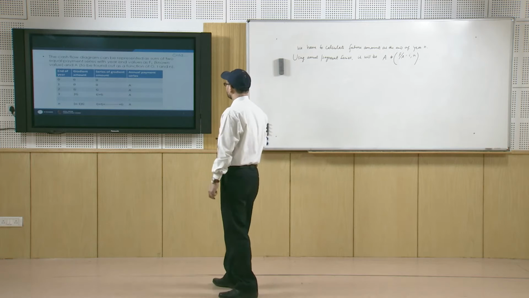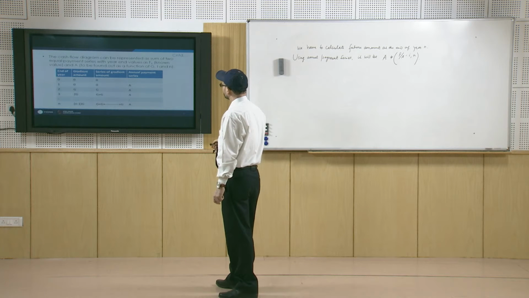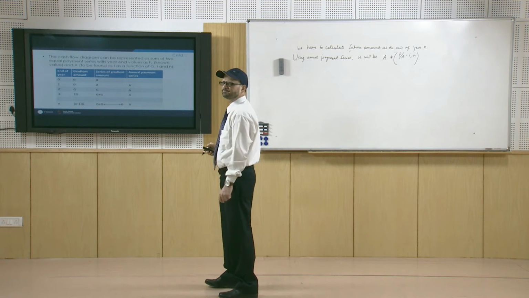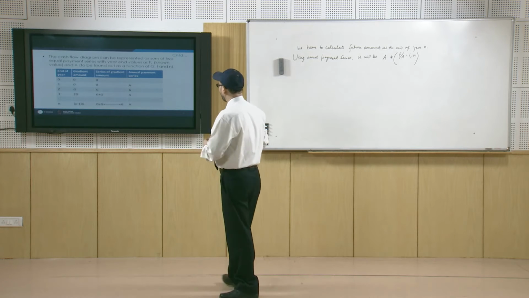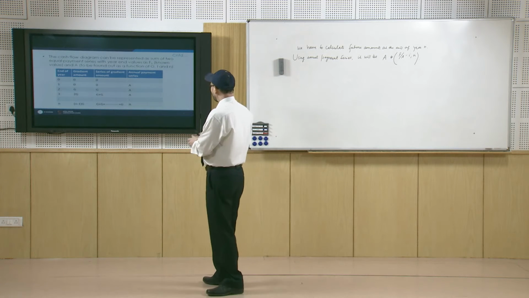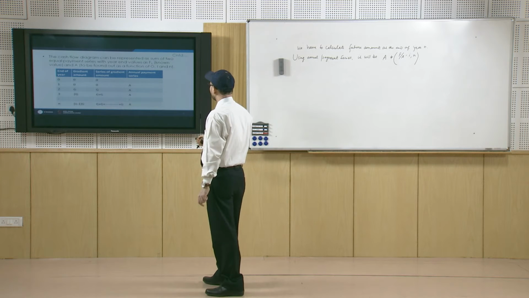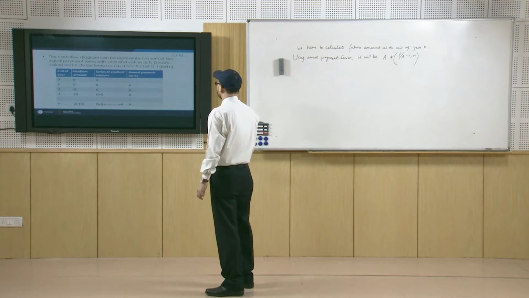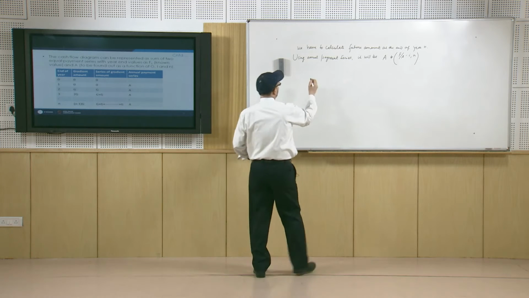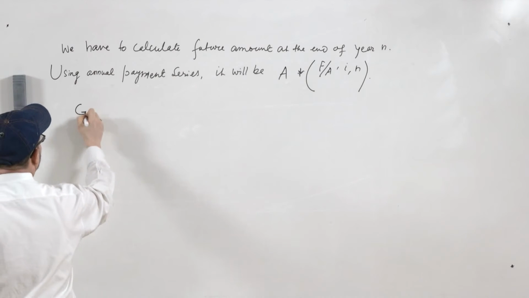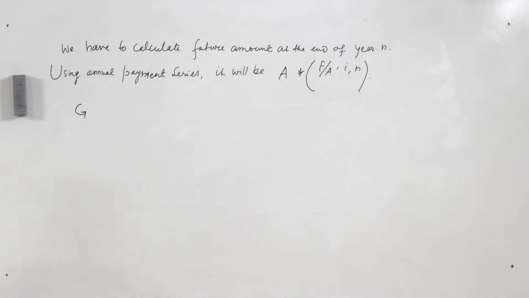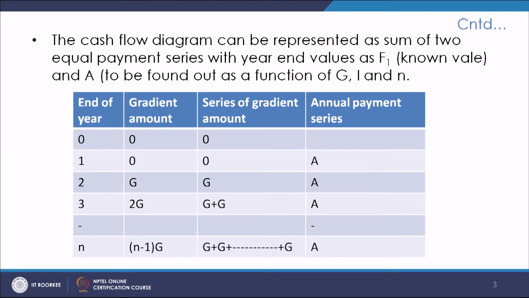This amount should be equal to the summation of all these g. Now, if you look at the value of these g, its contribution towards F will be g times F by A, i, 1.